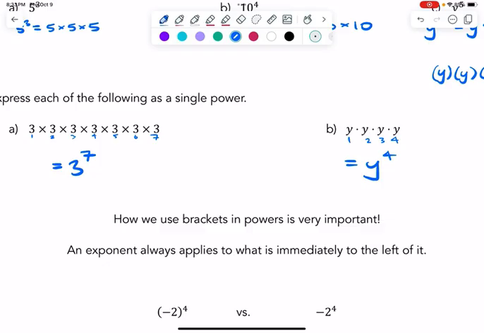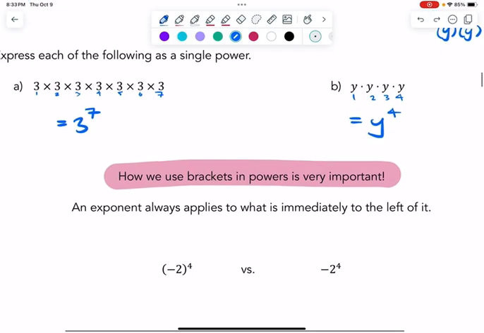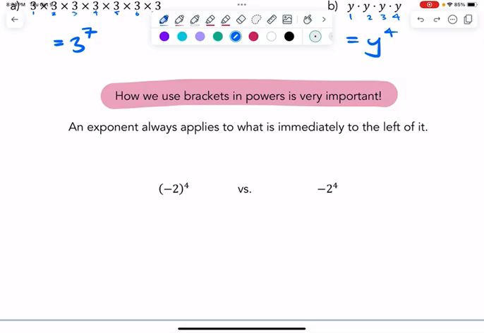Now, how we use brackets and powers is very important. An exponent always applies to what is immediately to the left of it, because there might be multiple things to the left of it, but only what is immediately attached to it, that's what it applies to.